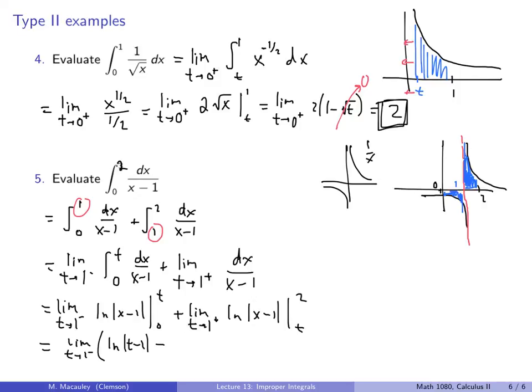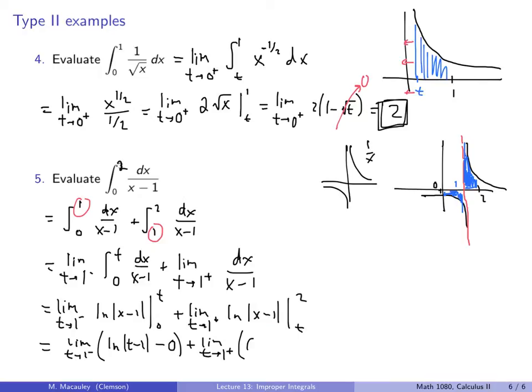So I'm going to write that as 0, plus the limit as t goes to 1 from the right of, if I plug in 2 into here, I get the natural log of 2 minus 1, natural log of 1, which is 0.